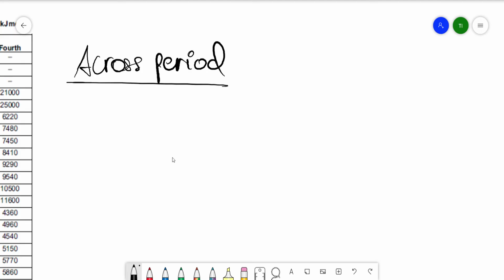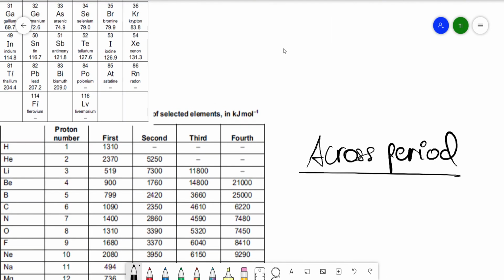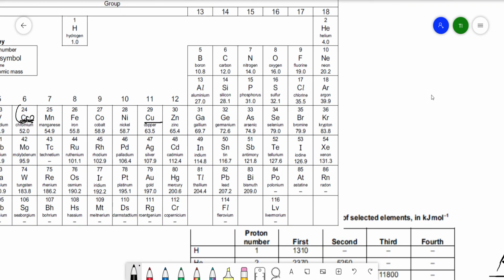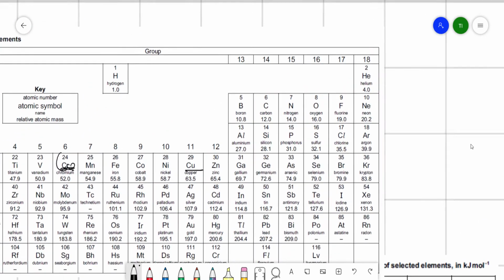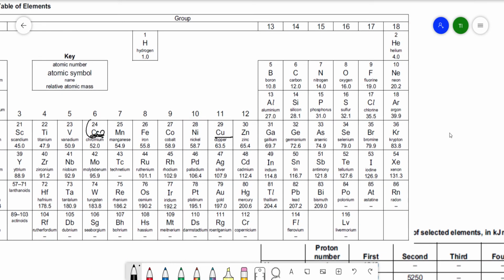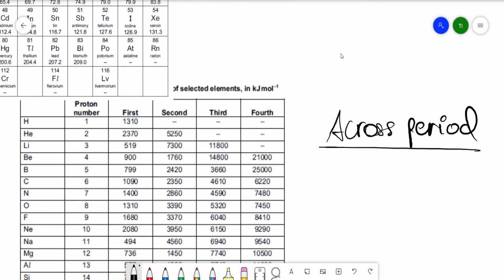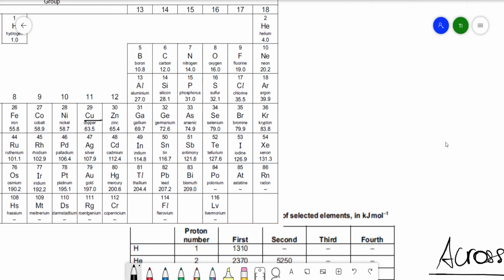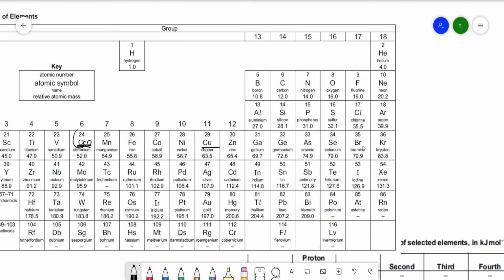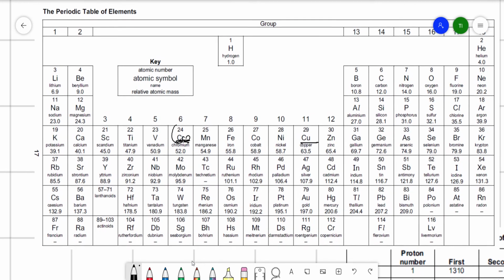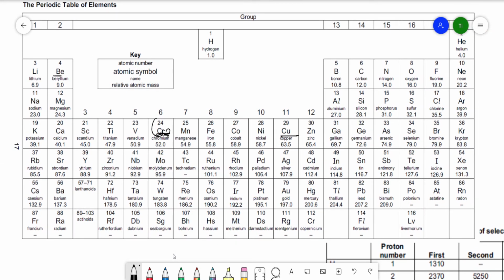The reason why I said it was general is because there are a few exceptions, and there are two exceptions. The first exception is between magnesium and aluminium. It can even be between beryllium and boron, but it's mainly between magnesium and aluminium, okay?